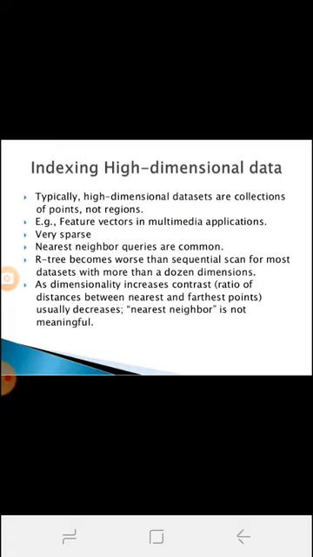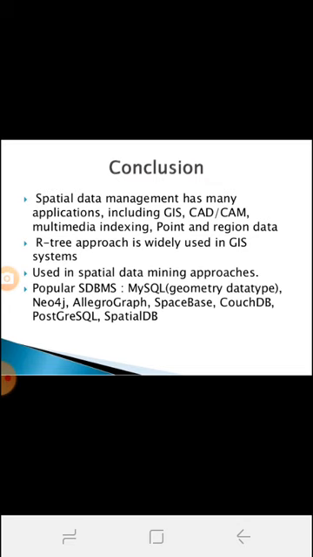High dimensional data sets are collections of points, not regions, for example feature vectors in multiple applications. Here is the conclusion: spatial data management has many applications using GIS, CAD and CAM, and multimedia indexing. The R tree approach is widely used as a generalized method in spatial data mining approaches.